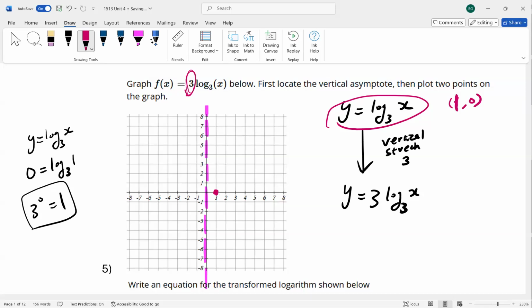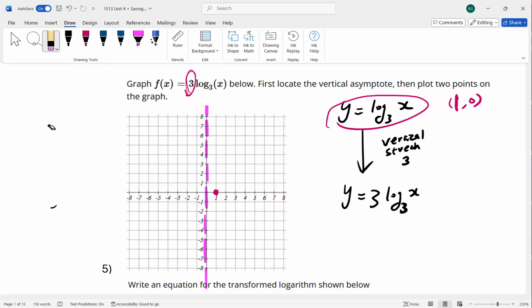It requires 2 points. The other one we can do x equals 3. Now we are looking at the given function, y equals 3 log with base 3 of x.